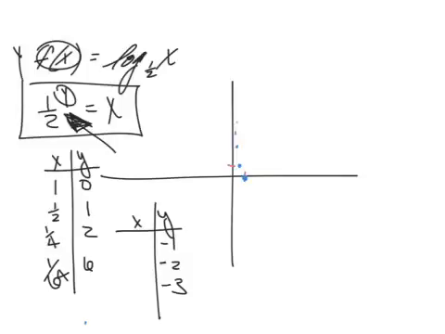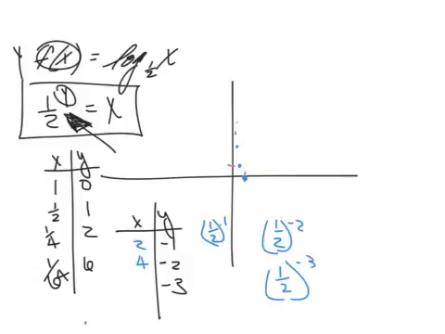If we put -1 in there, it'd be 1/2 to the -1 power, that means it'll be 2. 1/2 to the -2 power would be 4. 1/2 to the -3 power would be 8, because remember that negative means that the 2 is in the wrong position, so it comes up and it's 2 squared, and then it's cubed, and that's where the 8 comes from. So then we continue on with the graphing, and we end up with a graph that looks like that.